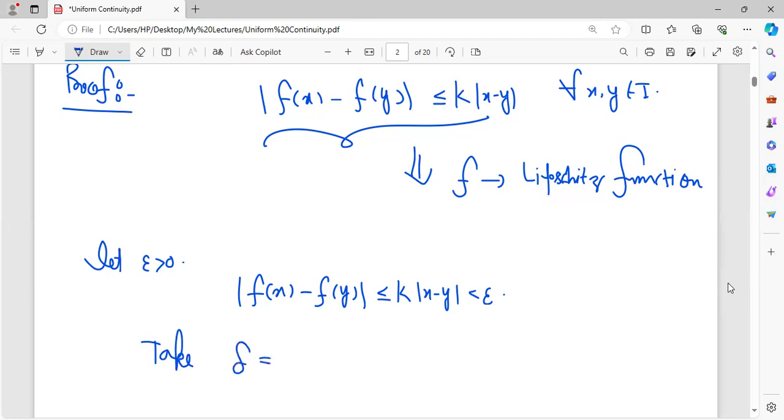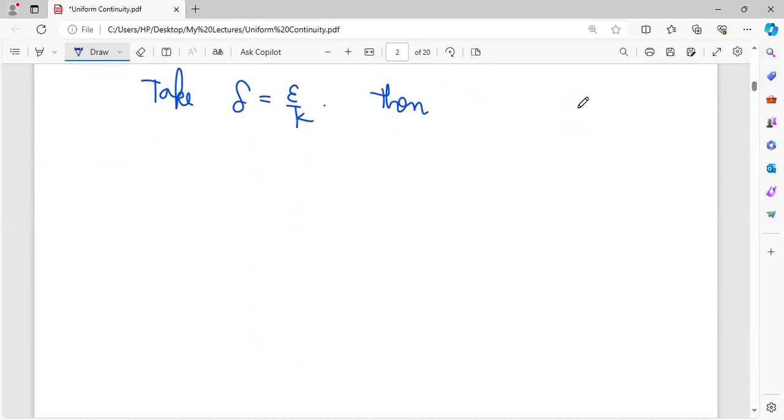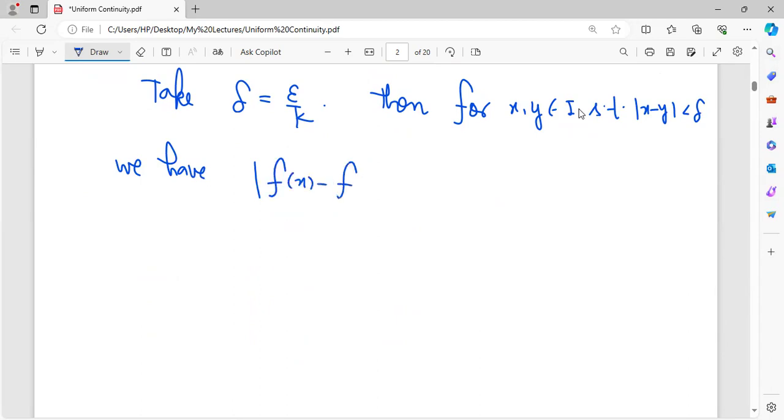So we should take delta equal to epsilon over k. Then for x, y belonging to I such that |x - y| is less than delta, we have |f(x) - f(y)| less than k times |x - y|, but we are taking this less than delta, so it will be k times delta.